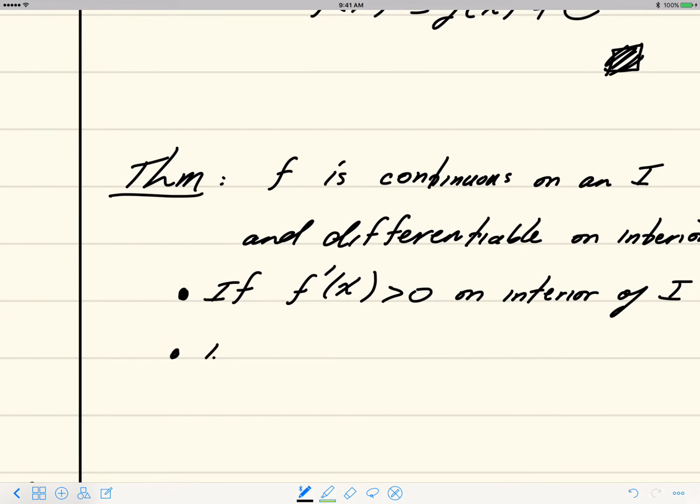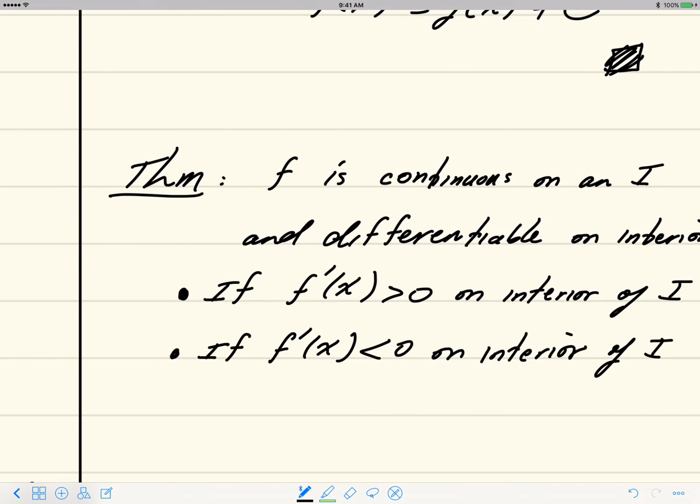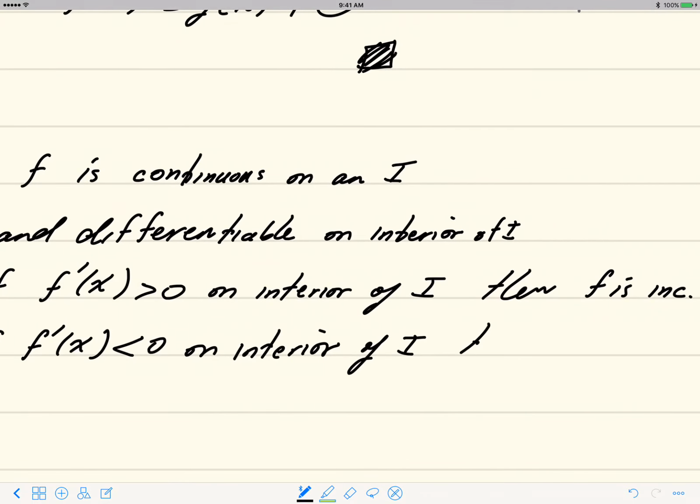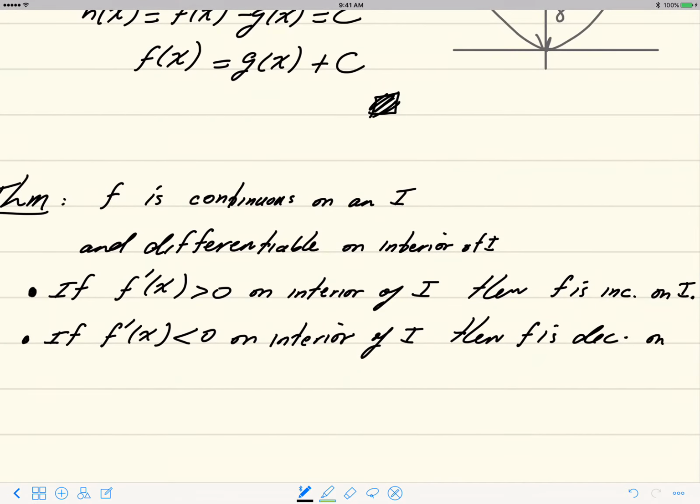And the other part of it is very similar. If the derivative is less than 0, is negative on all interior points of I, then f is decreasing on I.